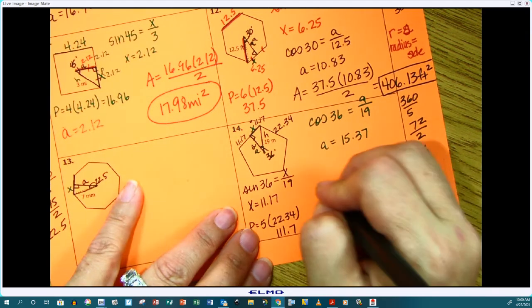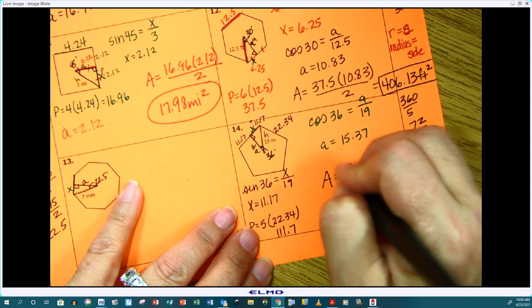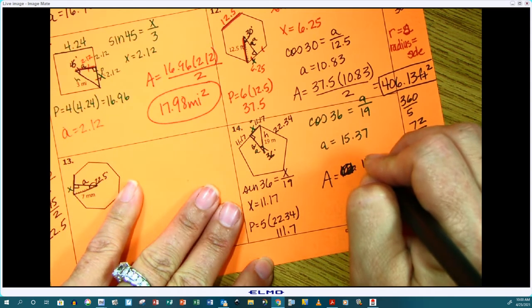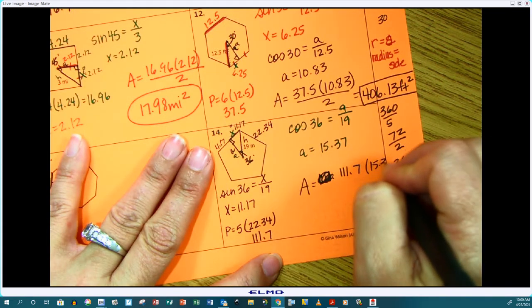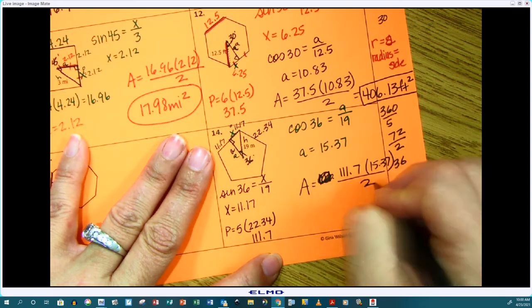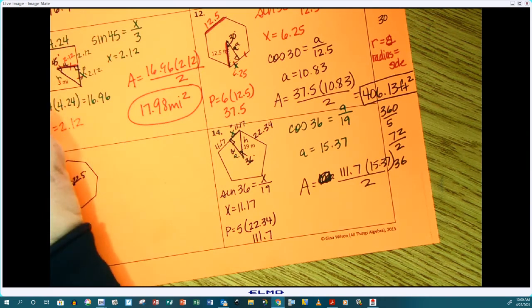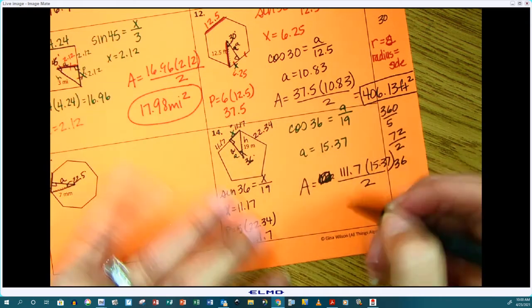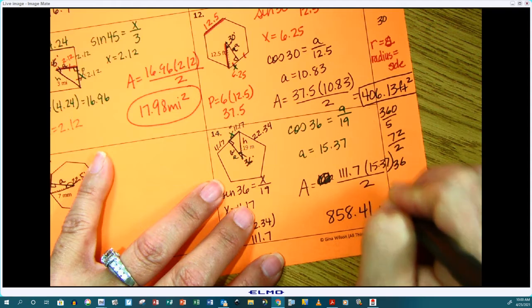So area is perimeter times apothem divided by 2. So 111.7 times 15.37 divided by 2 is 858.41 meters squared.